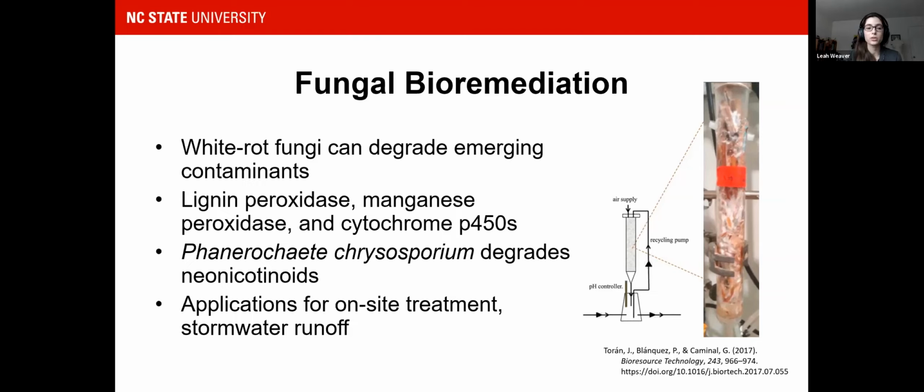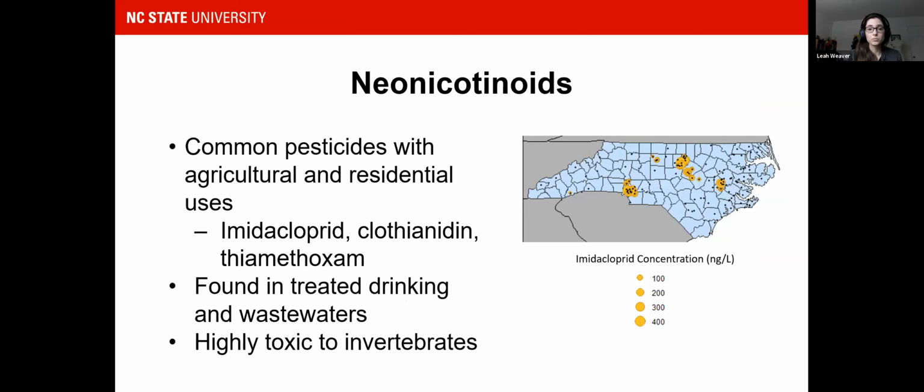We're interested in growing the fungus on woody biomass so that you use that biomass to support the fungus's growth without having to add a glucose solution or something like that. We think this has good potential for more on-site treatments, especially with stormwater runoff, maybe on the edge of an agricultural field, where a low maintenance technology could be especially useful.